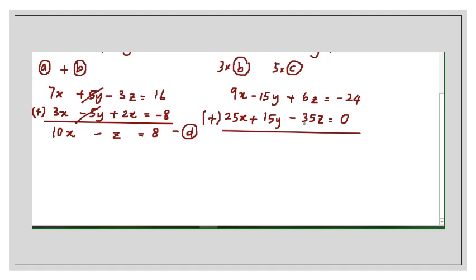Then for the other numbers, the other variables and coefficients, we do the same plus. 25 plus 9 is equal to 34x, equal to 0. 6 plus negative 35 is 6 minus 35, equal to negative 29z, equal to negative 24. This is your new equation, equation E.